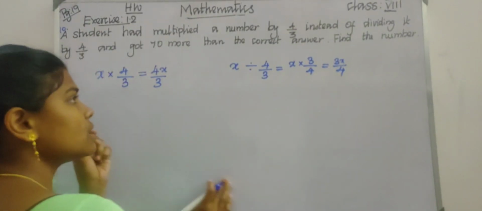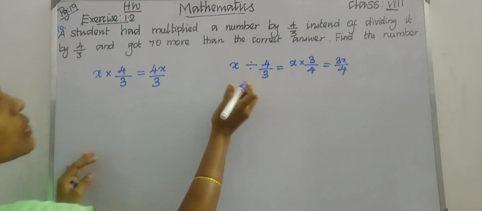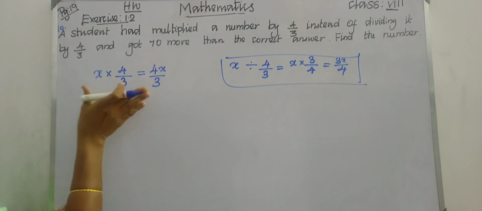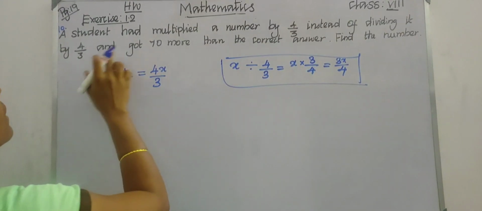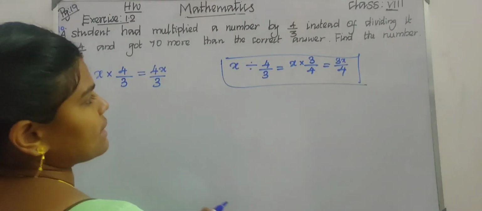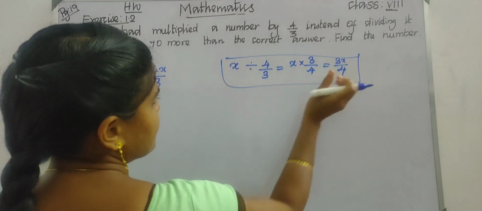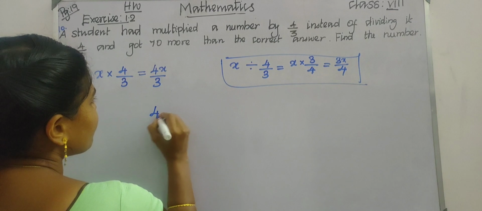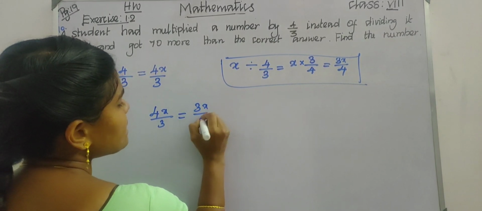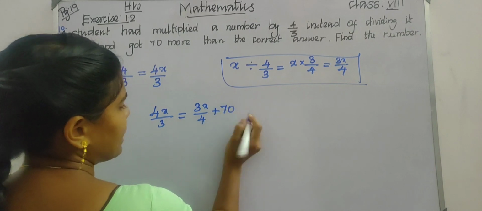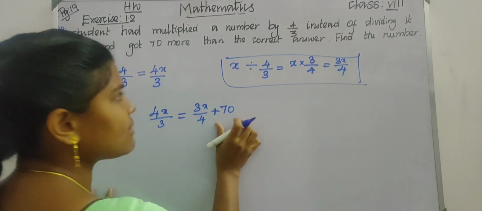Okay children, so they should do it like this, they need to divide, but they wrongly did multiplication, multiplied and got 70 more than the correct answer. So this one is the correct answer, right? So 4x upon 3 equal to 3x upon 4 plus 70, okay, they got 70 more than the correct answer.